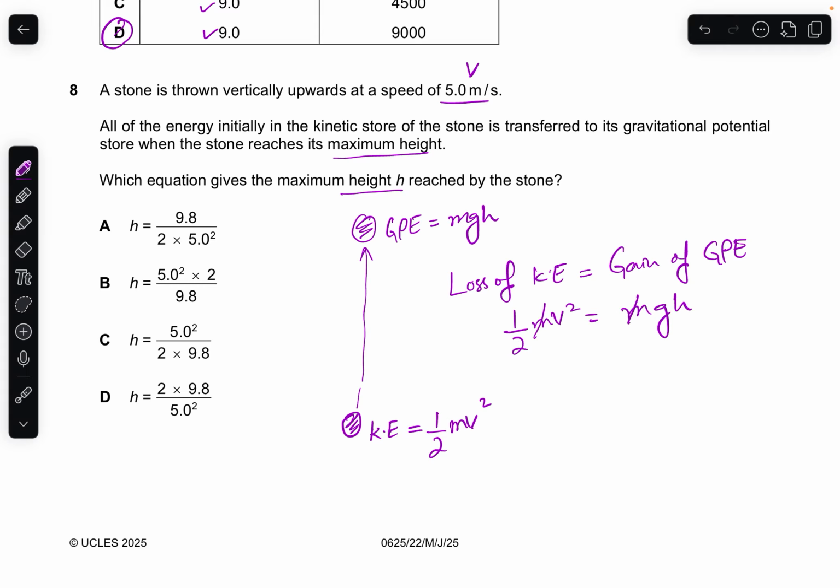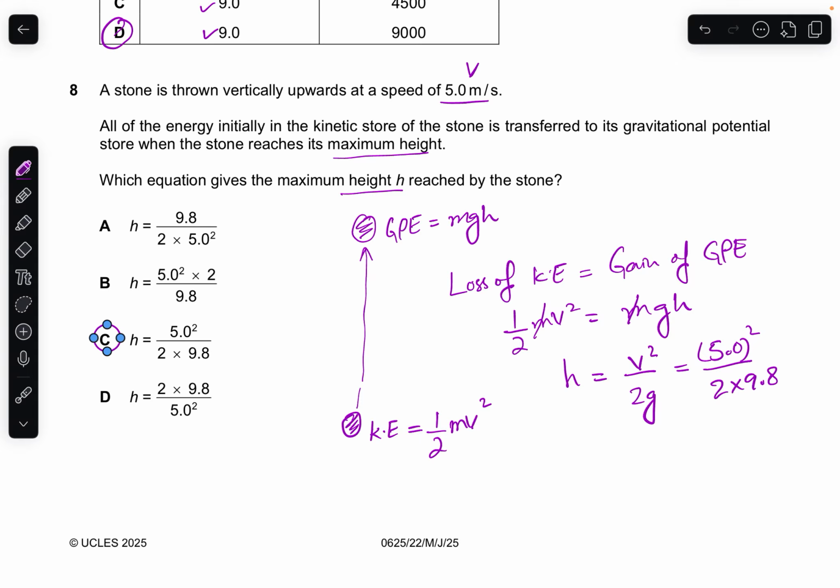The m cancels out with m, and h can be written as v square divided by 2g. So v we have 5 and g we have 9.8. So it's option D, that is correct. Sorry, it's option C, that is correct.